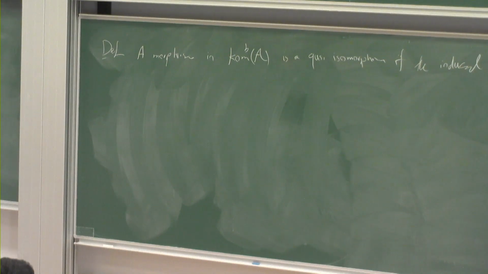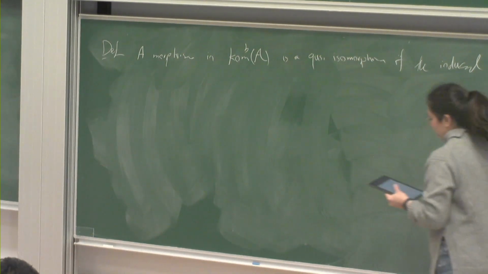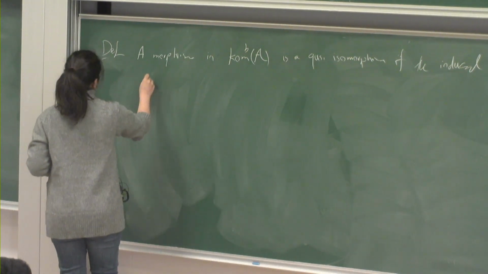So H^i(A) to H^i(B), for two different complexes A and B, is an isomorphism.